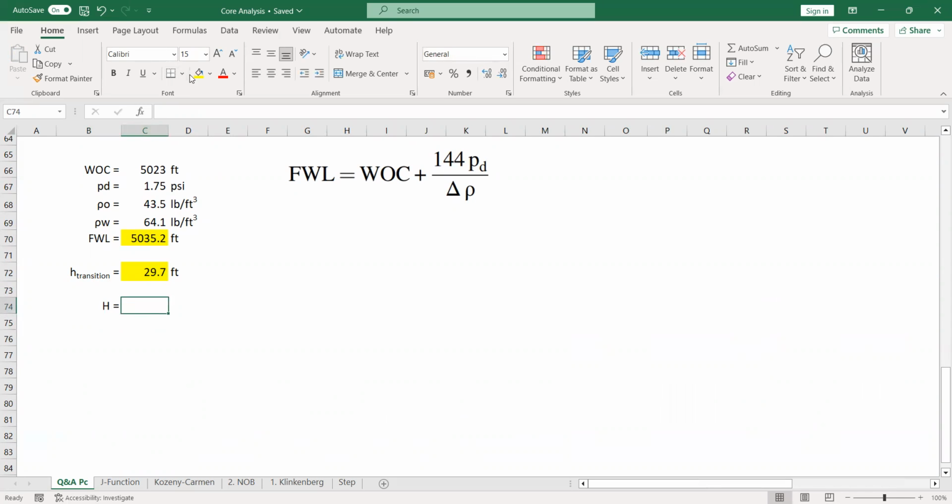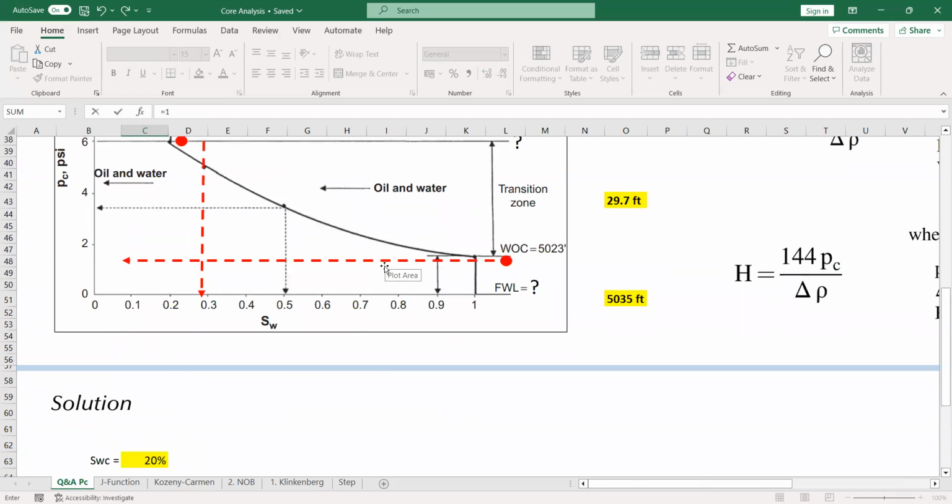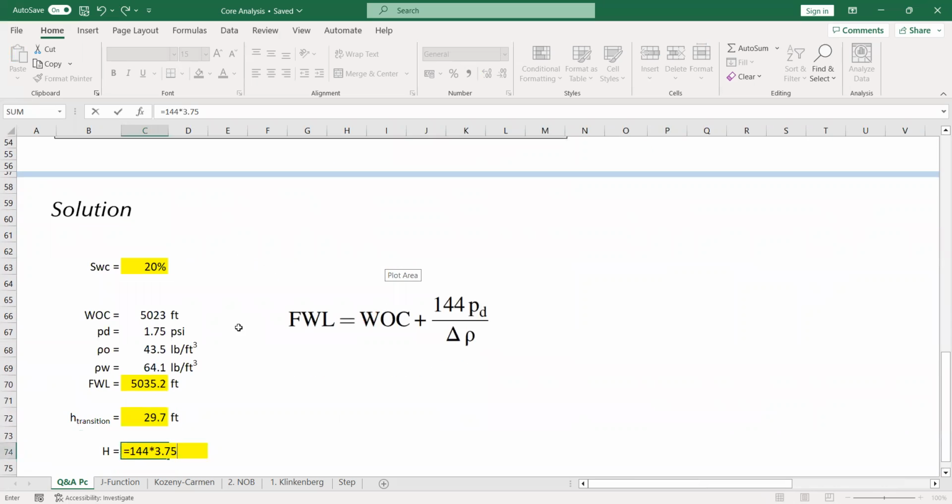And of course, this is 144 multiplied by the capillary pressure at water saturation of 50%, which is 3.75 here, or maybe 3.5, and then divided by the density difference.